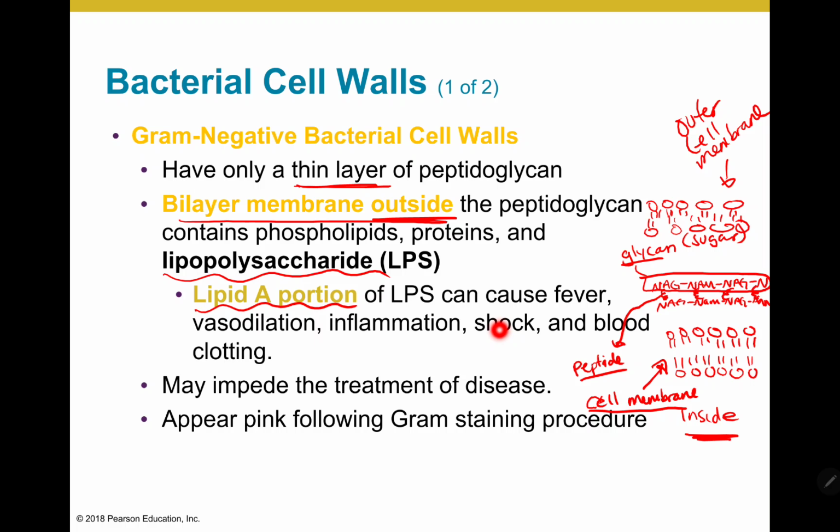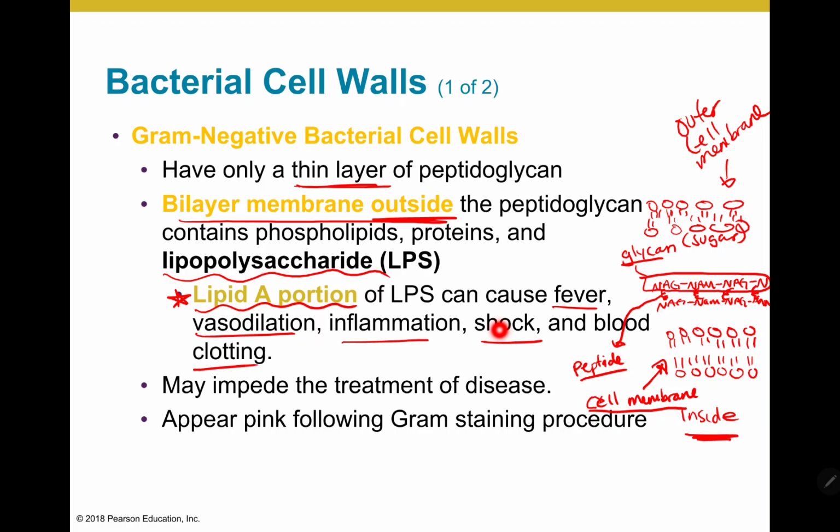So it will stimulate your immune system. And it can cause fever, vasodilation, inflammation, shock, blood clotting. Okay. Whereas the polysaccharide portion, that's how we can identify the actual type of bacteria, right? So remember that about the lipid A portion, though.